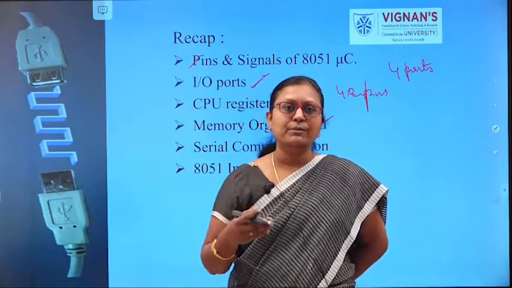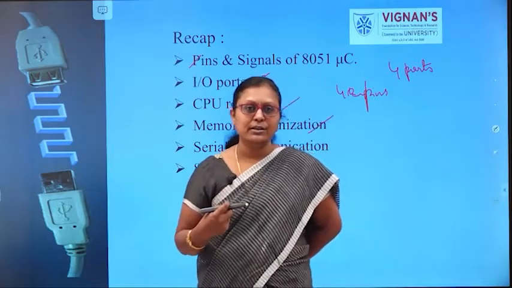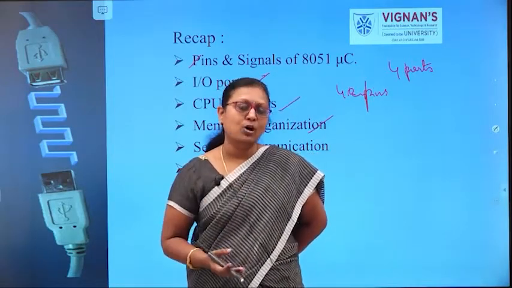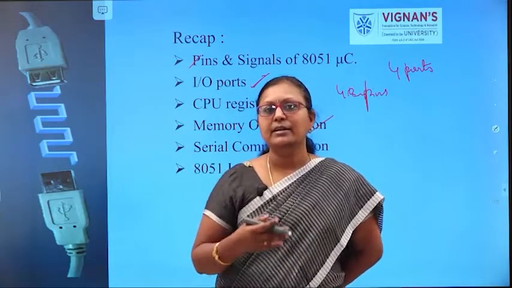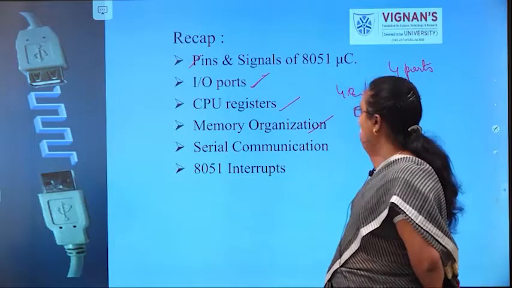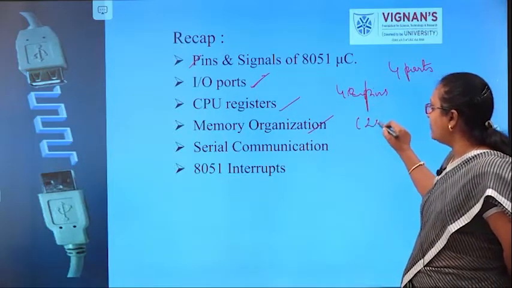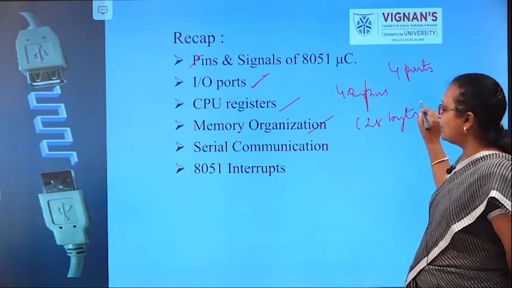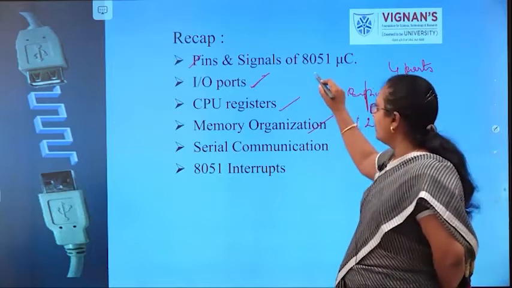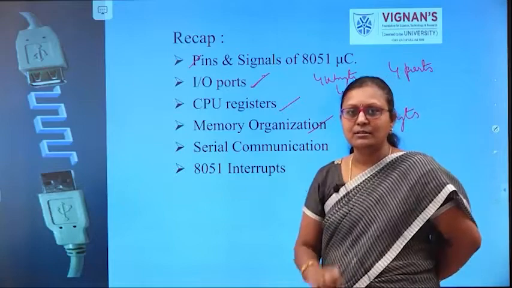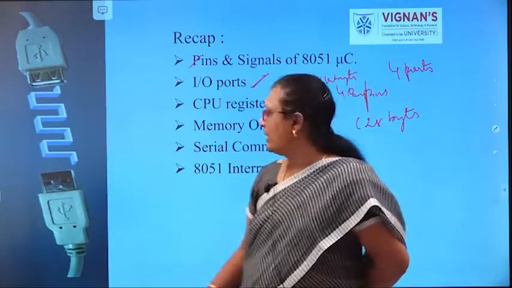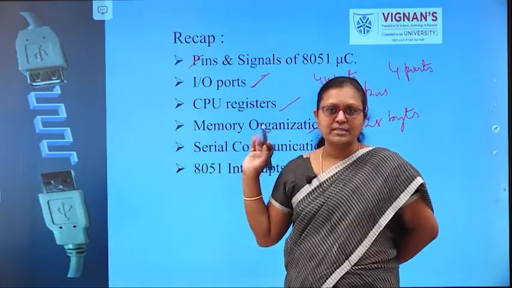So in the program memory, what kind of allocations are there? 4 kilobytes of internal ROM is used as program memory, and 128 bytes of internal RAM is used as data memory. So everything we have come across with the memory organization, right?